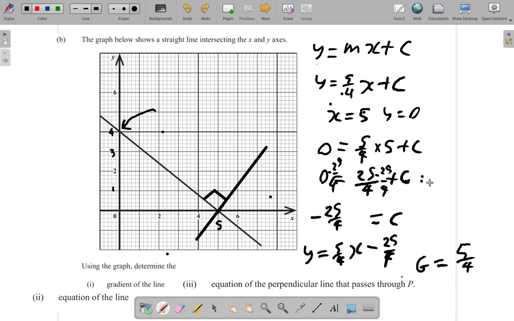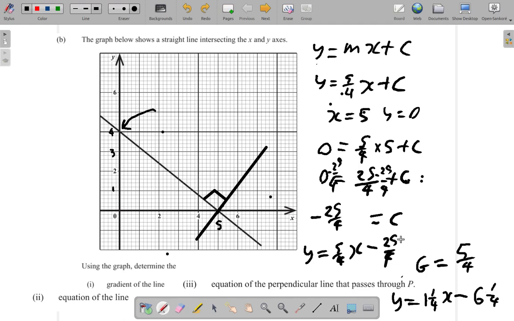So what we have finally for the gradient is y equal 5 over 4 as a mixed fraction is 1 and a quarter x, minus what is 25 over 4 as a mixed fraction. 4 sixes are 24, it's 6 and 1/4.